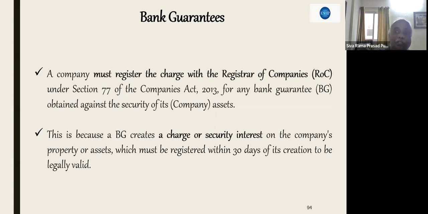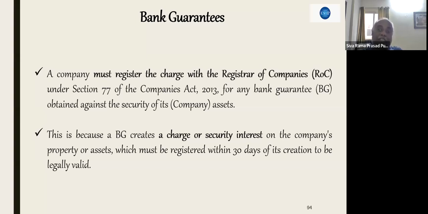A company must register a charge with the ROC. This is also one source for the IRP or RP: how many guarantees are issued? Whenever the bank issues guarantees and they are backed by collateral securities from the companies, that is to be registered with the ROC under Section 77 of the Companies Act. If records are not available, please verify the charges created under Section 77 of the Companies Act.